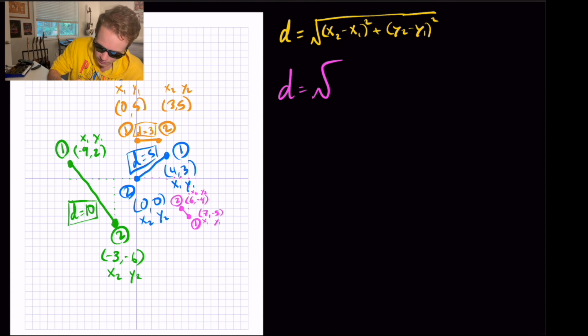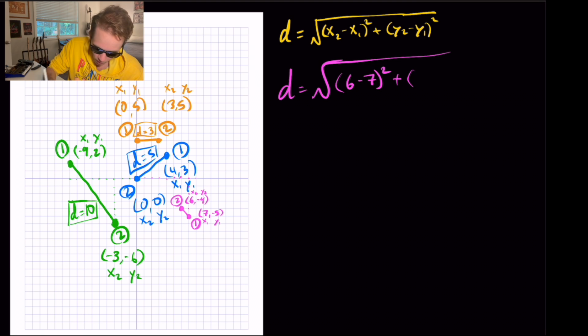So we just go back over here and plug those values into the distance formula. Distance is equal to x2 minus x1. So that's going to be 6 minus 7, square that, plus y2 minus y1. So that's going to be negative 4 minus negative 5, and then square that.